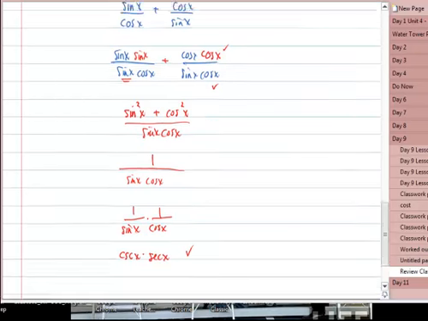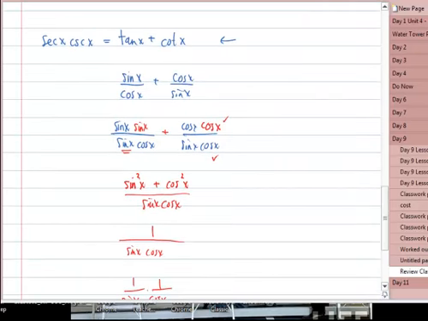So just to go back and go through the steps, the first part we used quotient identities. Then we added fractions, common denominators and such. Then when we combine the numerator, we saw that we had a Pythagorean identity.